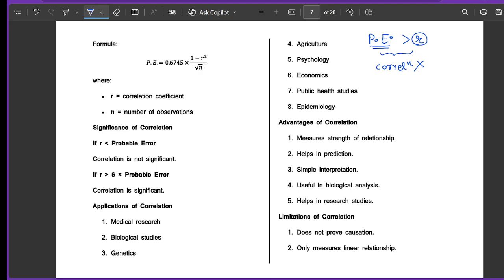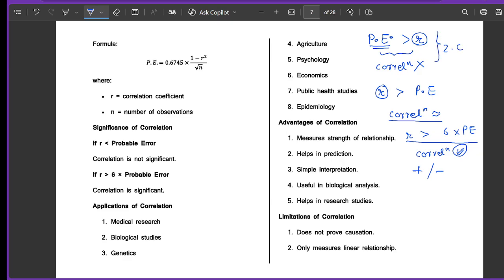And when the correlation coefficient comes out to be greater than the probable error, we can say that correlation can be there. This correlation will be confirmed when the correlation coefficient is greater than 6 times the probable error. If this is the case, then we say that there is definitely a correlation between the two variables. It can be positive or negative correlation, but it will be there. And in the other condition, we say that there is zero correlation.